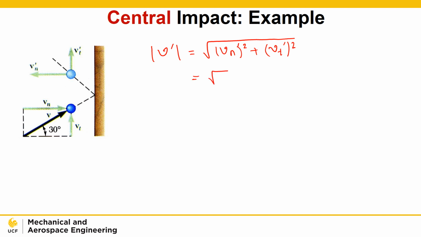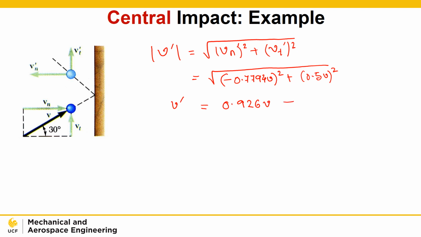So note we already calculated this. Vn prime was negative 0.7794 times V, this square, plus Vt prime was calculated to be 0.5 V, so 0.5 V square. This gives our V prime to be 0.926 V. So that's our answer.